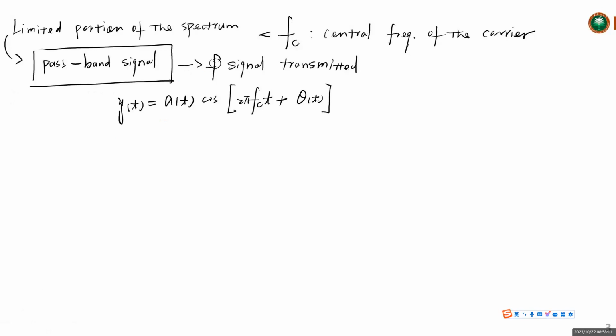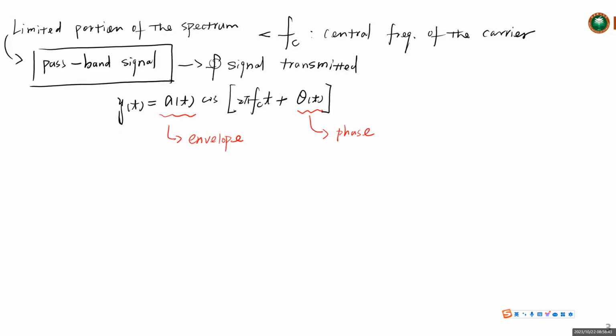This is the signal transmitted in the link. Here A(t) varies with respect to time, so it is the envelope of the transmitted signal y(t), and theta(t) is the phase of this signal.